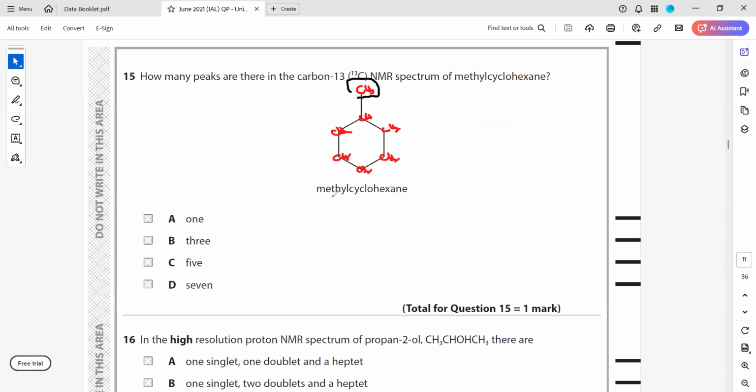This is methylcyclohexane. For carbon, it's not like four different groups are attached to a carbon. When we talk about carbon, the main thing is identifying the types of carbon atoms in this methylcyclohexane. How many types of carbon atoms are there? Are they identical? Even if it is CH2, is it identical in its environment?